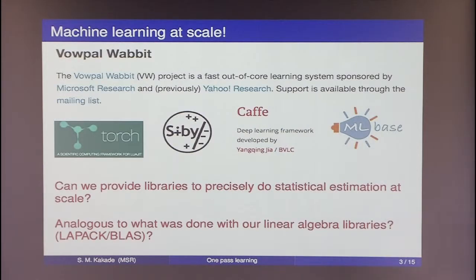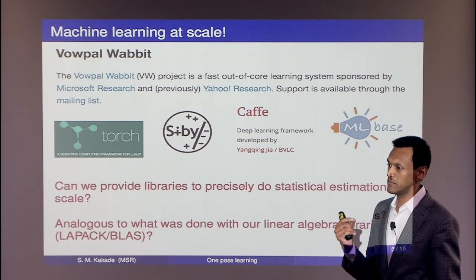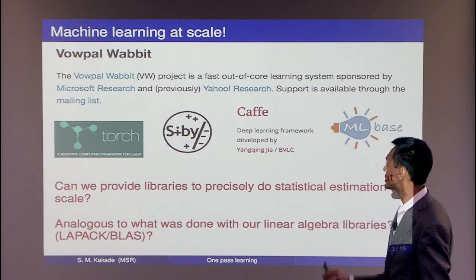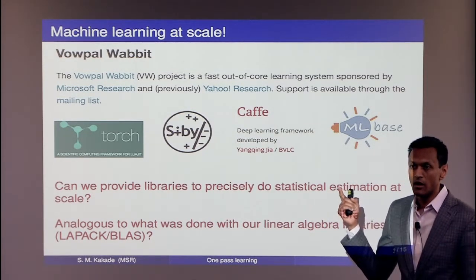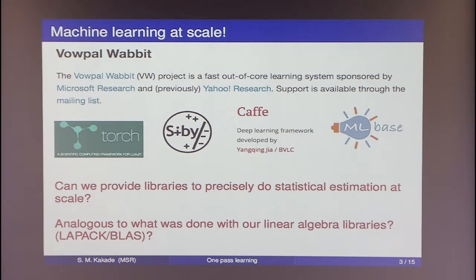I just want to point out this is a very relevant question right now because there are a lot of efforts underway to try to automate machine learning and statistics algorithms for pretty large data sets. I've just listed a few here. These are sometimes open source packages, sometimes they're private. Some of these are run by companies, some are at universities.